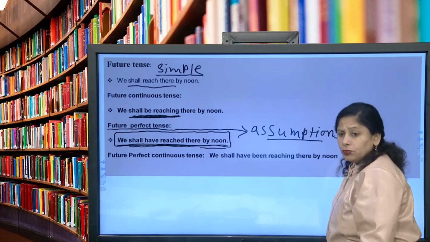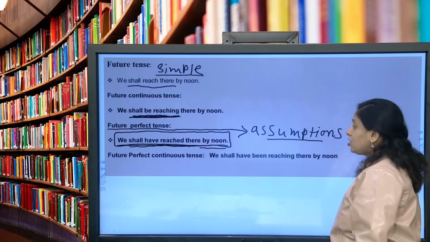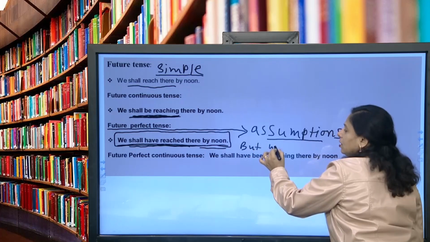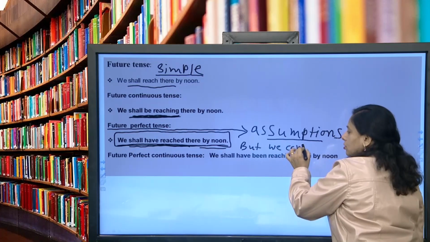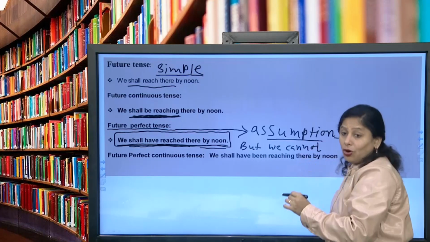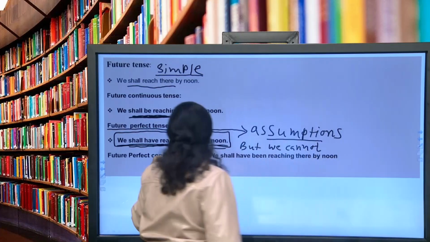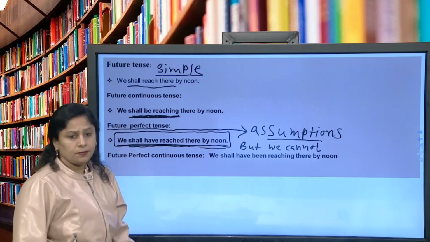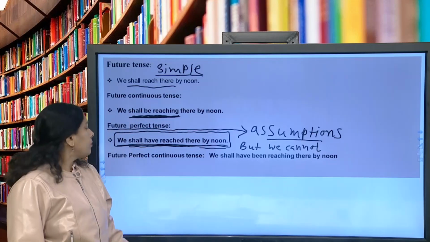It is assumed we shall have reached there by noon, but reality is that we cannot. So future perfect tense deals with assumptions, probabilities.